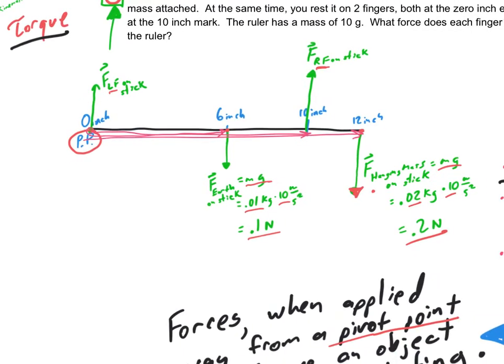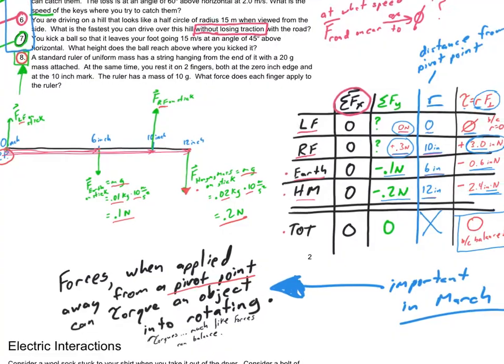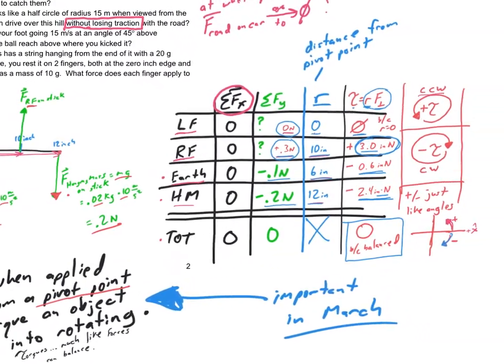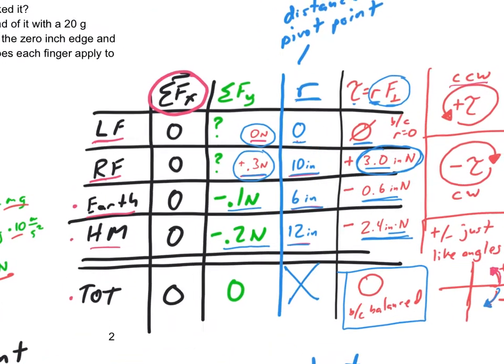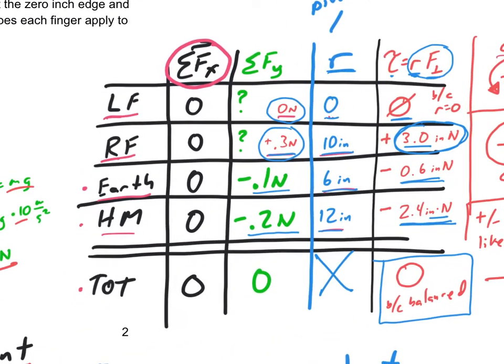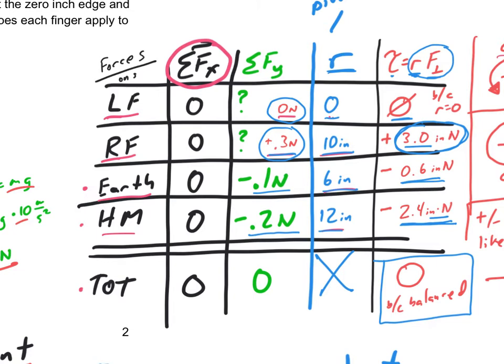I need to organize this information, and I'm organizing it into this table. A lot of things have already been solved out on here, so I've got my different forces to consider. There are the forces on the stick.